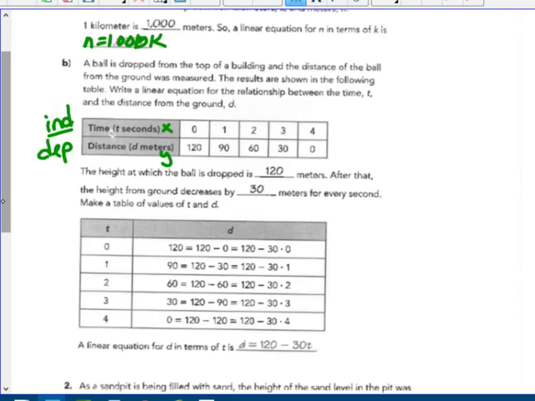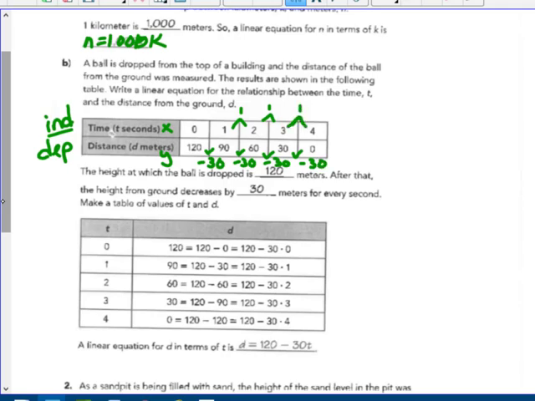The height at which the ball is dropped is 120 meters. After that, the height from the ground is decreasing by 30. I can see this here. It's going down by 30 every time the seconds go up by 1. Down by 30, and the second goes up by 1. Down by 30, and the second goes up by 1. I'm making little carets here.